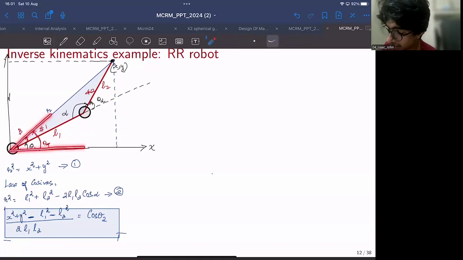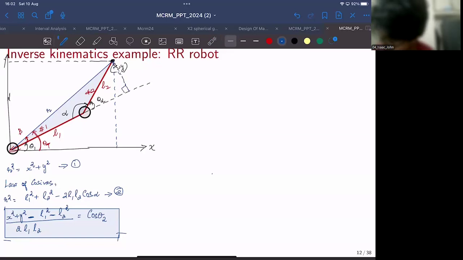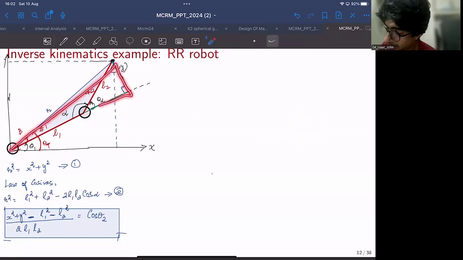This angle is theta t, and this angle is beta. I am also drawing a perpendicular from this xy like this. This is now 90 degrees. So now this is a 90-degree triangle, right? This one.